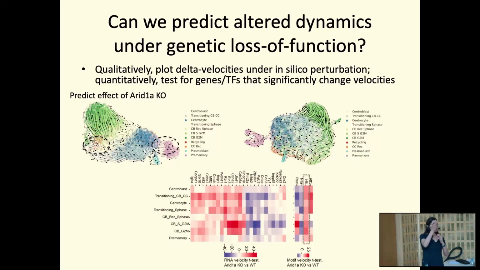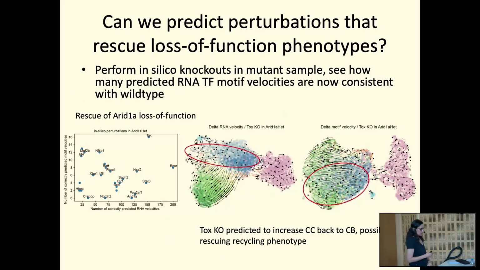But we can also do a statistical test and ask, in different cell types, what RNA velocities and motif velocities are significantly changing under this in silico perturbation compared to the ground truth, and see that some of the things are actually right, like IRF8 is more important in this knockdown of ARID1A. Okay, last slide.